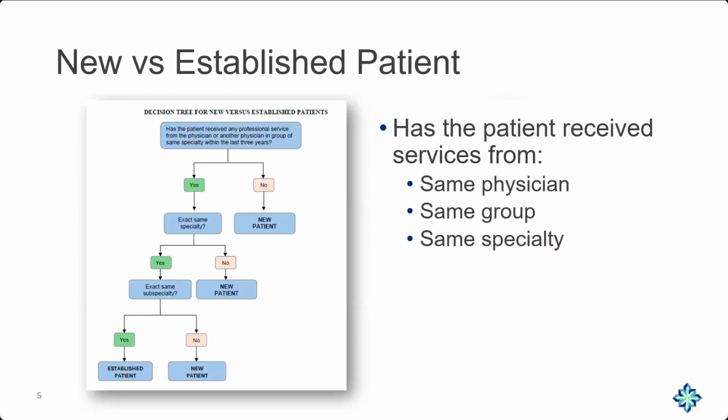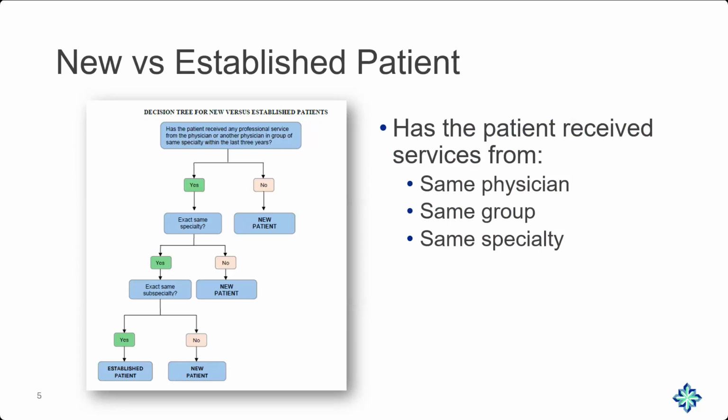Along with medical necessity, you also need to consider new versus established patient. A common denial that we see is new patient services being billed when they should be established or vice versa. And you do need to consider this even with time because there are different sets of codes. So you want to consider what new versus established patient means.